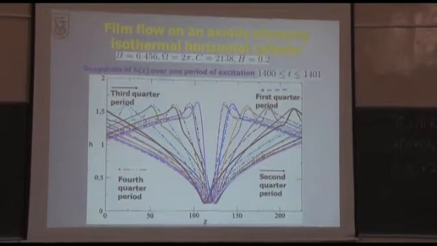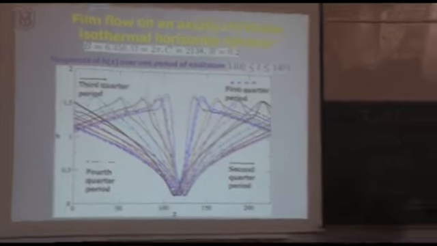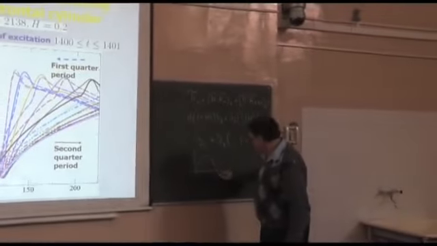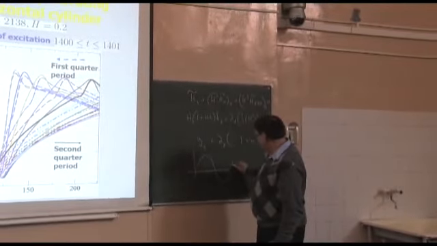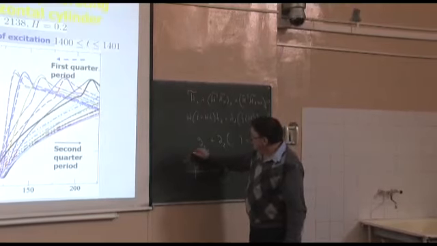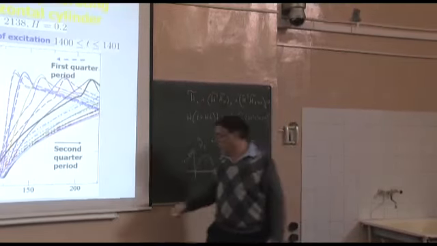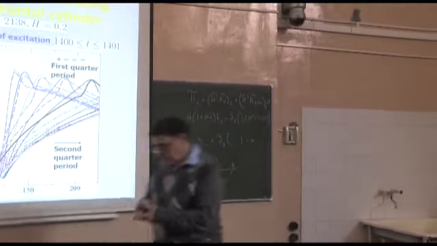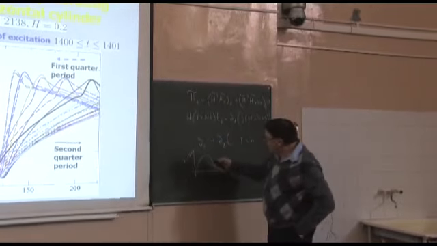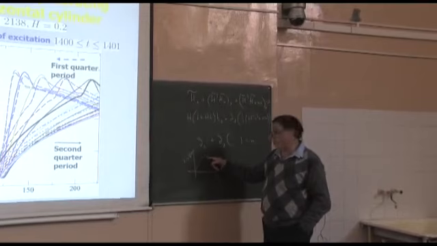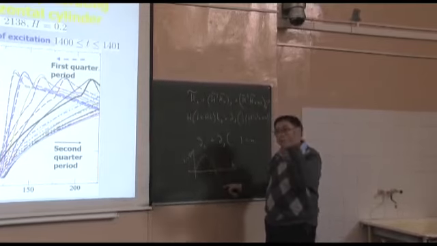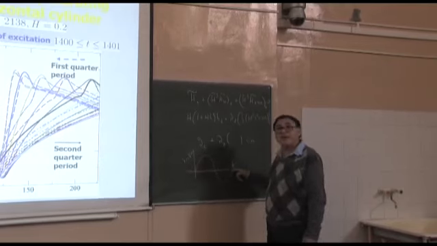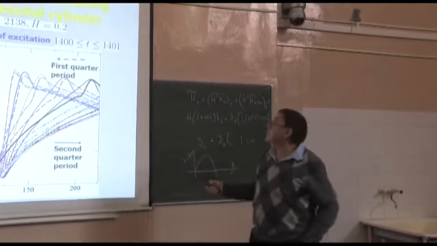Now remember how sine looks. This is t, and this is sine omega t. Doesn't matter what omega is. If you follow this line, first you go up for the first quarter period, then for the next two quarters of a period you go down, and then finally you go up again. Fine.